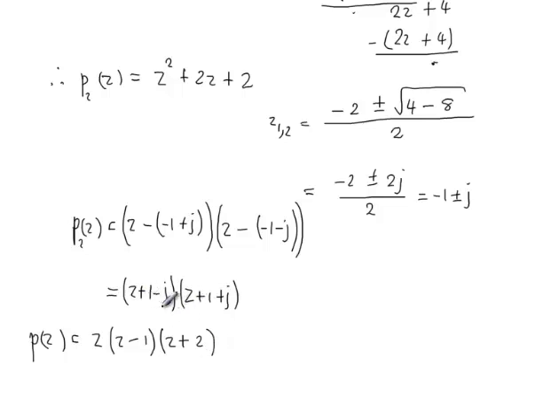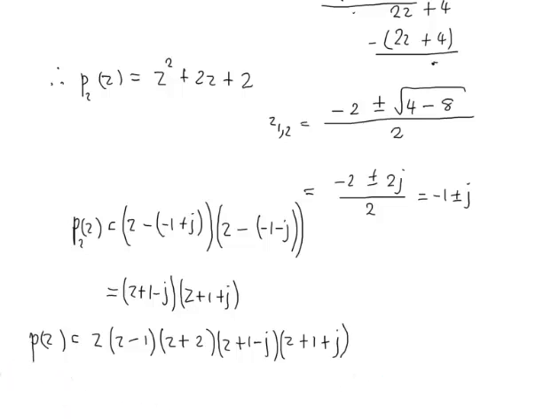Then followed lastly by this 2, which is Z plus 1 minus J, Z plus 1 plus J. That is my polynomial factorized. Then he says find the complete set of roots.